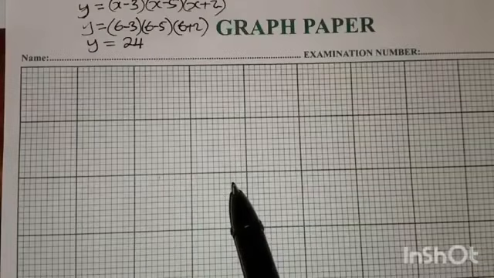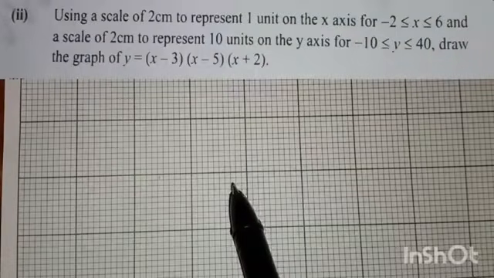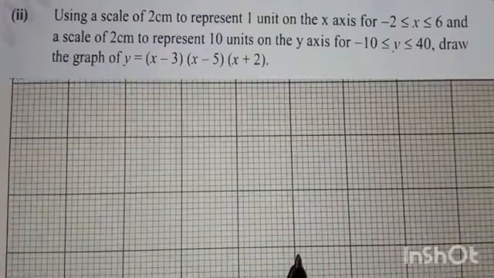The second part is saying using the scale of 2 centimeters to represent 1 unit on the x-axis for the values of x from -2 to +6. So you need to plan your graph very well.